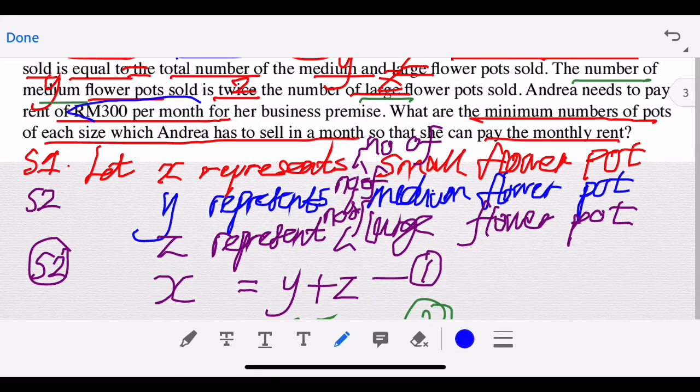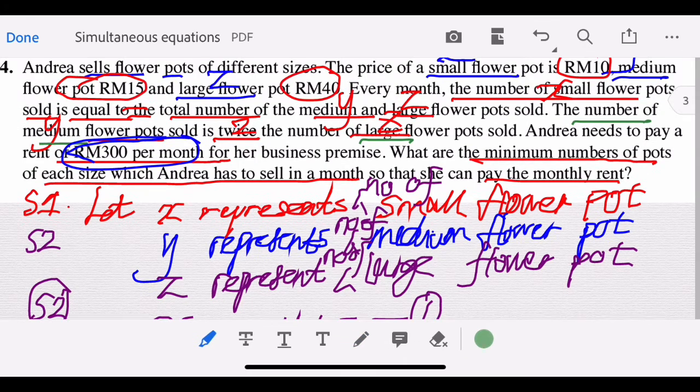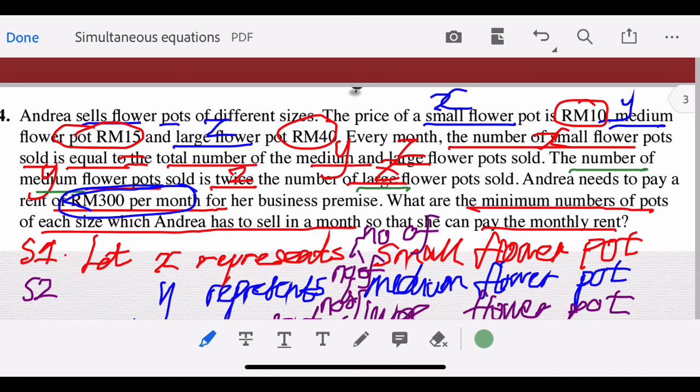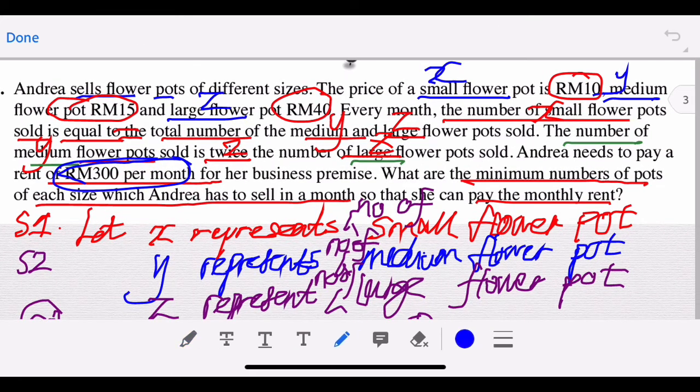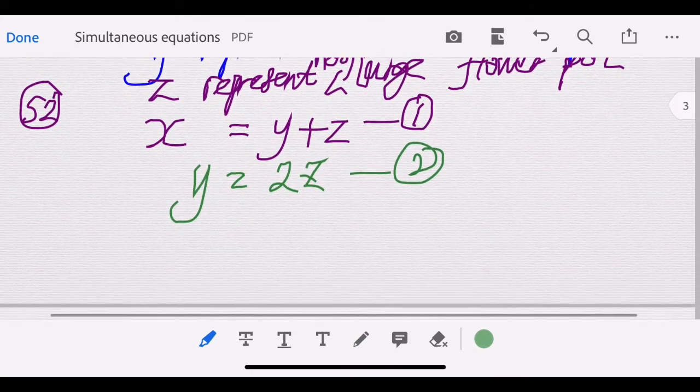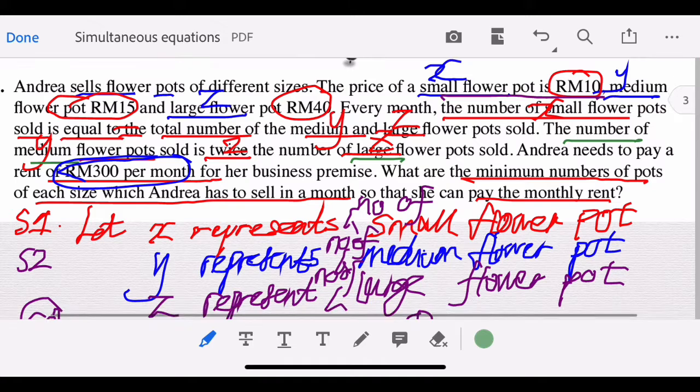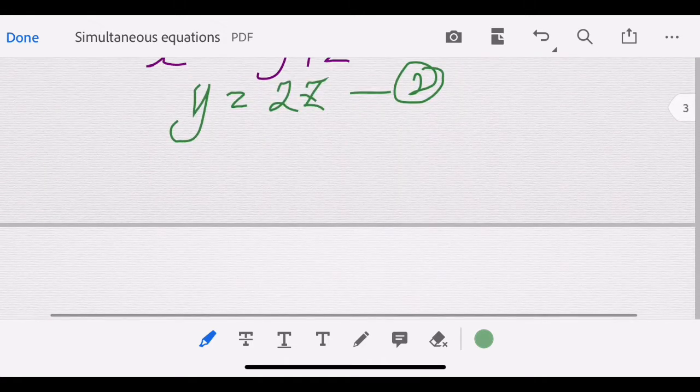So the 300 per month is about the cost. That means one small flower pot is 10 ringgit, right? So we're going to identify the 10 ringgit for the small one, 15 ringgit for the medium, and 40 for the large one.